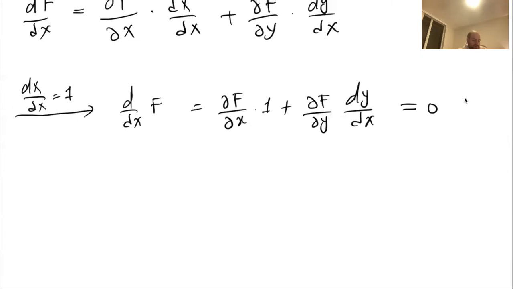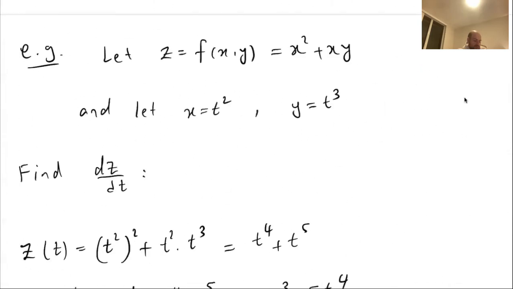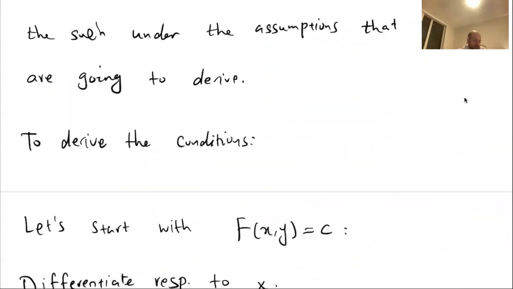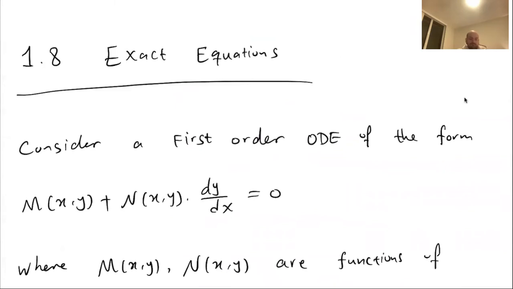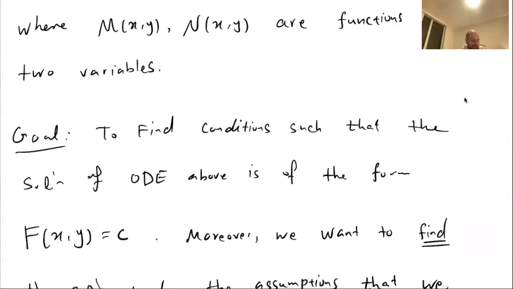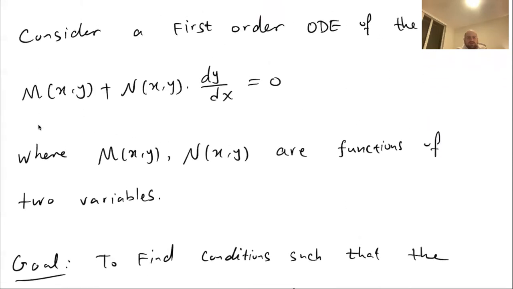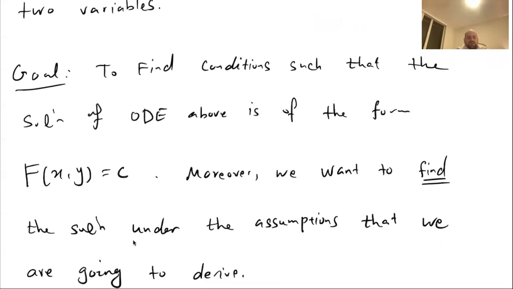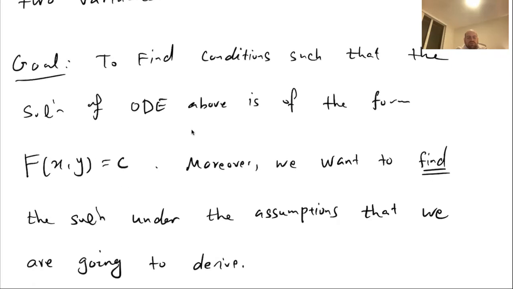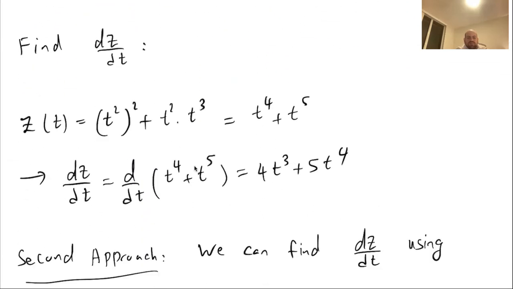So what will be the condition now if I compare this with the original equation? Remember, what was the scenario? The scenario was that we wanted to have an equation of this form, and we wanted this to be the solution of this equation. So if we started with this solution, we differentiate with respect to x, we got this.